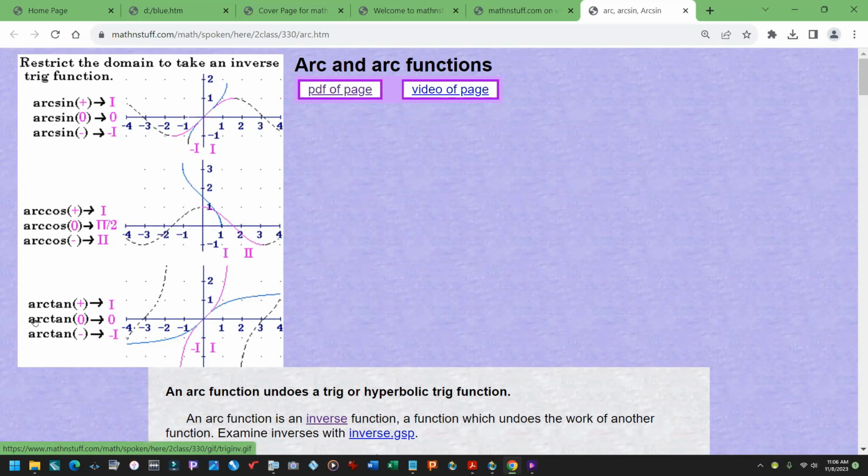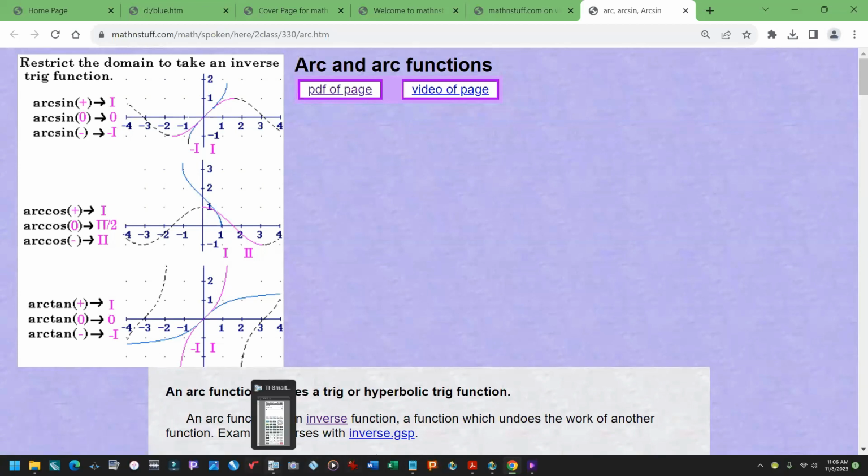If I want the angle whose tangent is 0, I want to get 0. And if I want the angle whose tangent is a negative, again, I want it to be what I call the negative first quadrant. Let's see what it looks like on the calculator.